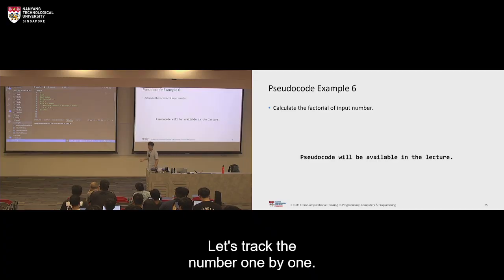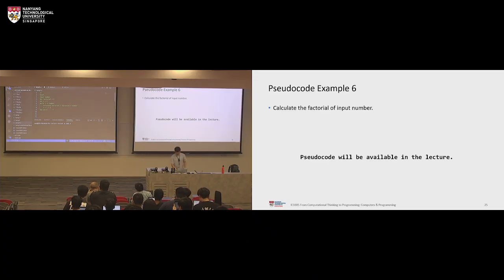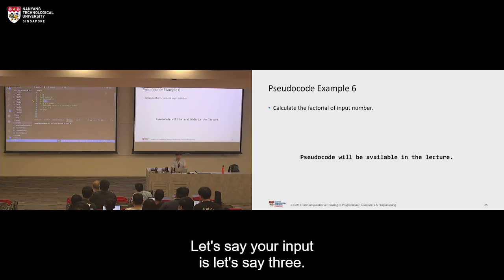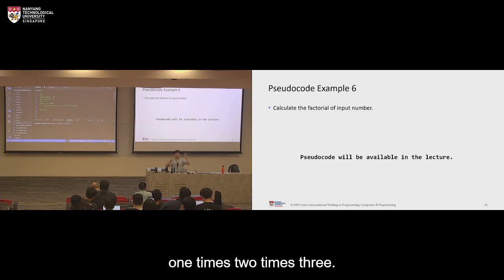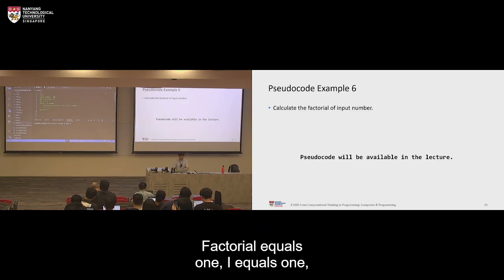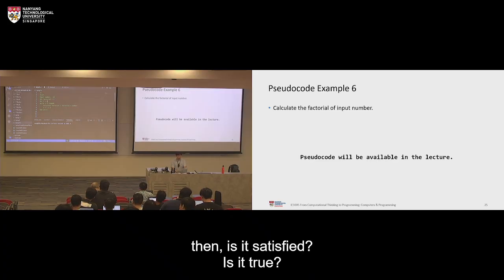So let's track the numbers one by one. Initially, factorial is 1, then I equals 1. Let's say your input number is 3. Actually, you know the answer. 3 factorial is 6, 1 times 2 times 3. So factorial equals 1, I equals 1.